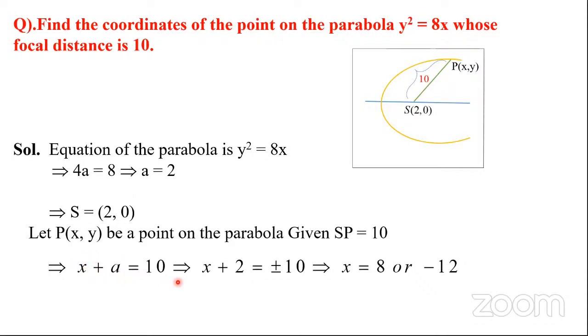Actually, the focal distance x plus a is equal to 10 is a distance, so it is in the modulus. So focal distance x plus 2 can be plus 2 or minus 2, so absolute distance. Here, I could not mention the modulus, children.